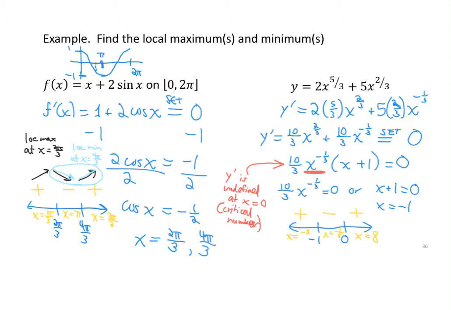So our final statement is y has a local max at x equals negative 1, and a local min at x equals 0.